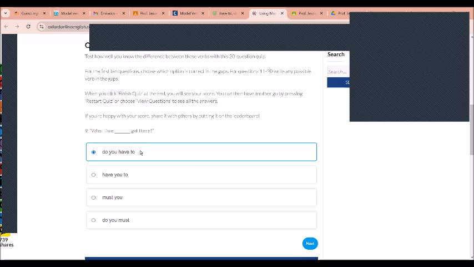Remember when asking questions, you still need helping verbs. So you'll use your helping verb and your modal verb. All right. What time do you have to get there? All right. In this case, there are other cases where you can use the modal verb to start your question. What must you do? That's a different type of question.